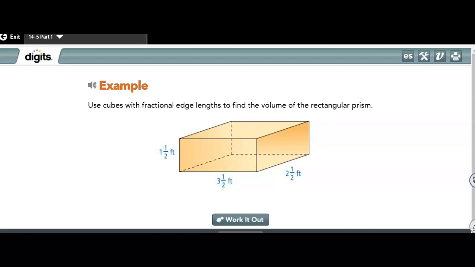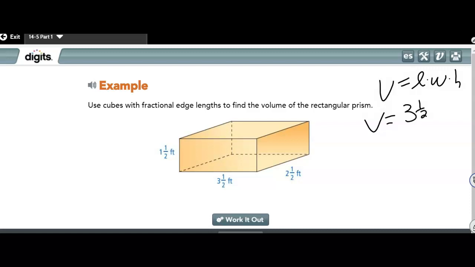Yes. Raise your hand if you forget how to put a mixed number into your calculator. All right. We're going to plug in volume equals length times width times height. What is the length of this rectangular prism? Liam. 3 1/2.